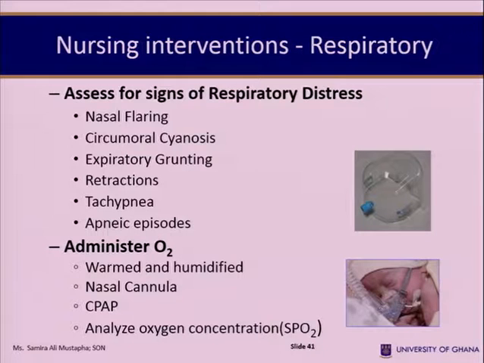And we also have to give some support when we see signs of difficulty. It may be in the form of laryngeal retraction, grunting respiration. What is required is to give humidified oxygen by cannula, or what we call continuous positive airway pressure. That is done at the intensive care units.